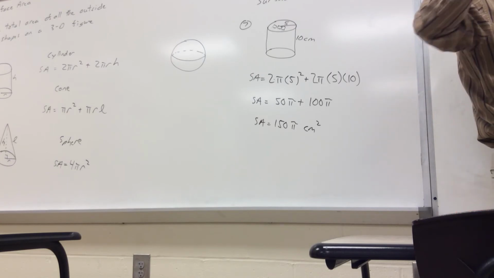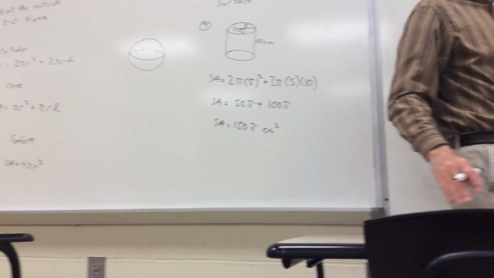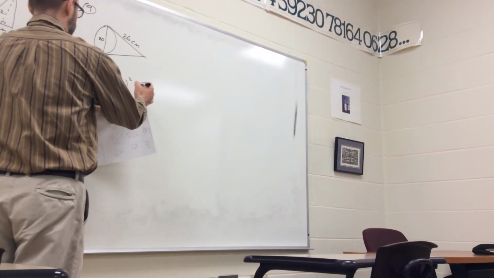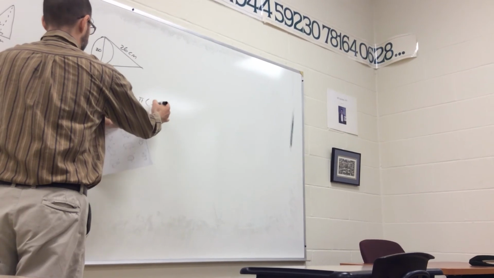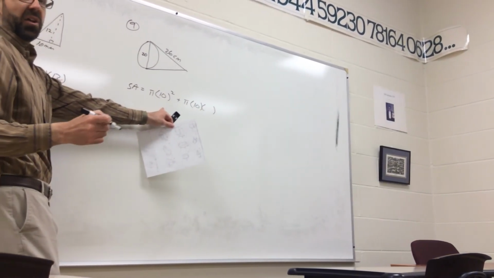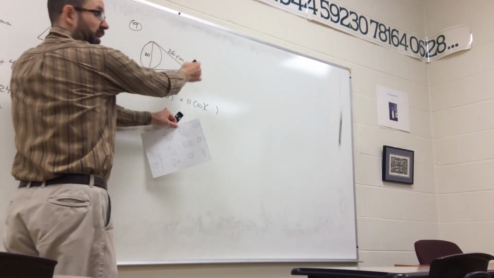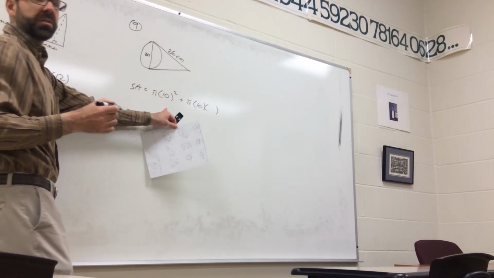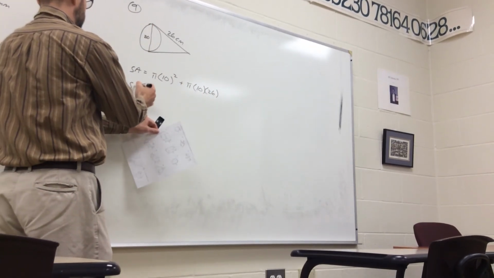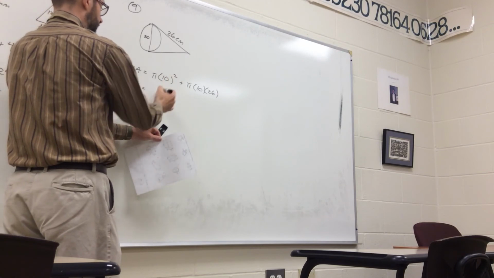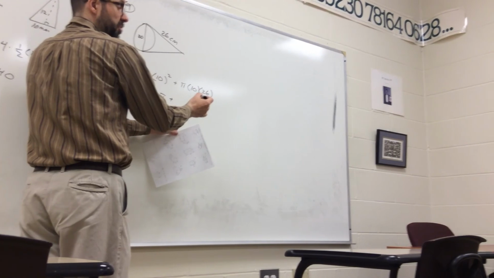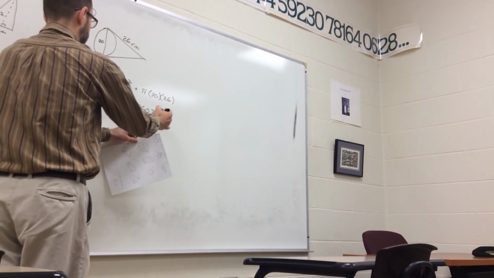10, good, because the 20 is the diameter, right? So pi times 10 squared plus pi times radius times L. And the L is the slanted measurement, so that's 26. So then that comes out to 10 squared is 100, so that's 100 pi. 10 times 26 is 260, so that's 260 pi.